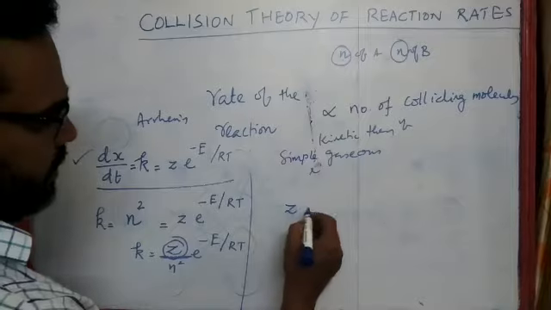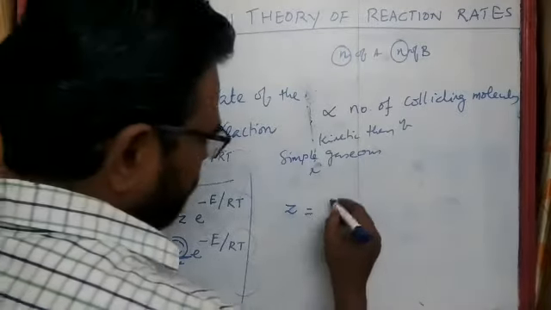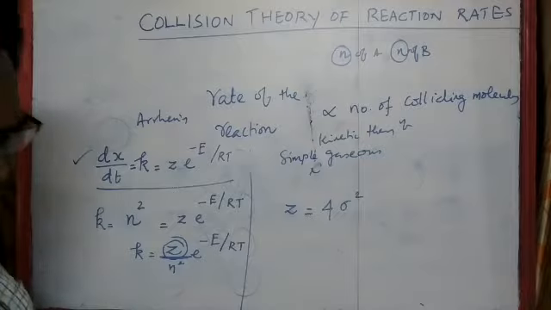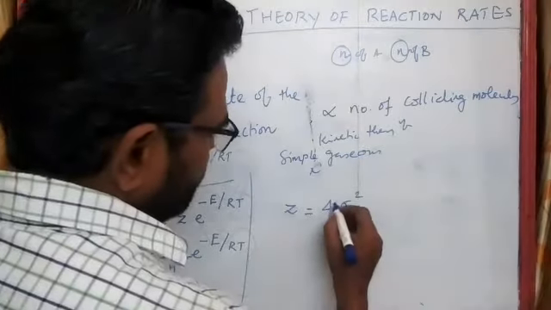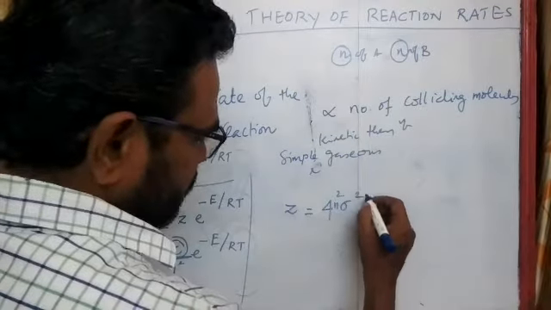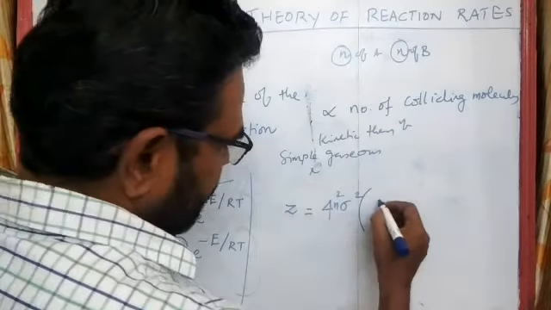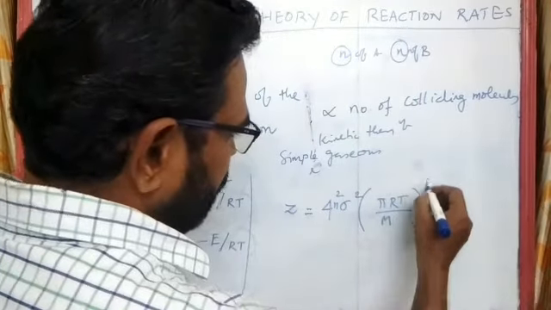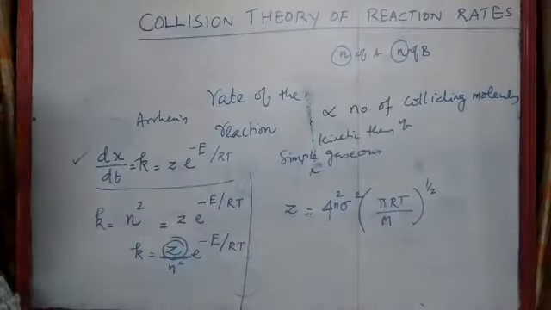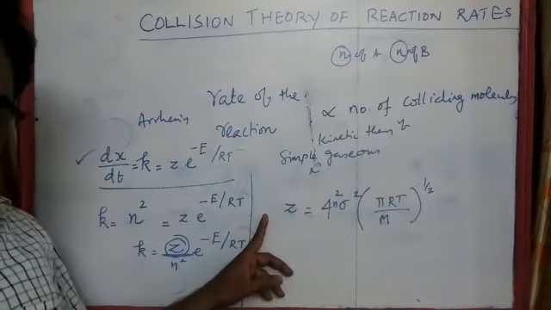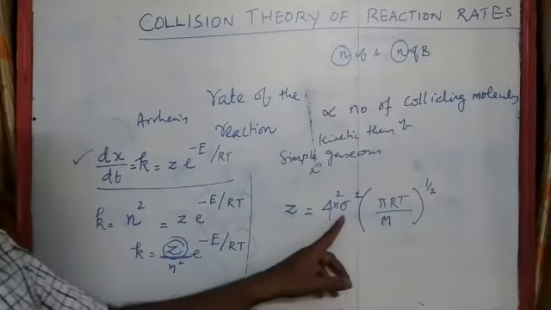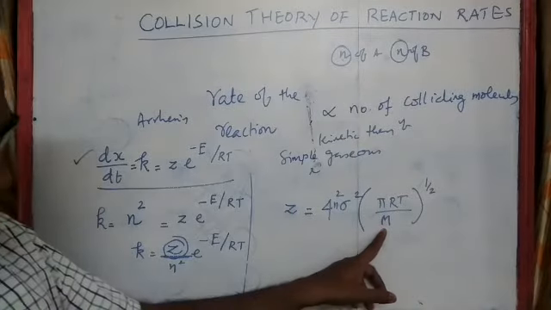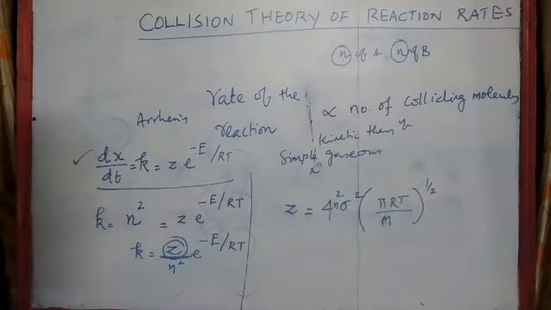Z can be written as 4 sigma squared n squared into (pi RT by m) whole power 1 by 2. So Z is equal to 4 n squared sigma squared (pi RT by m) whole power 1 by 2.